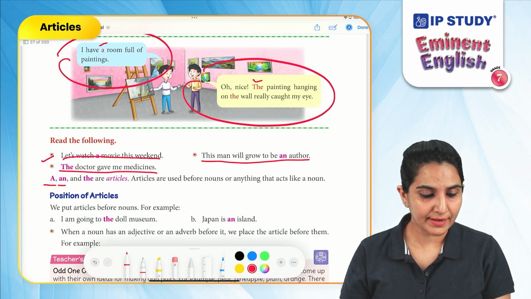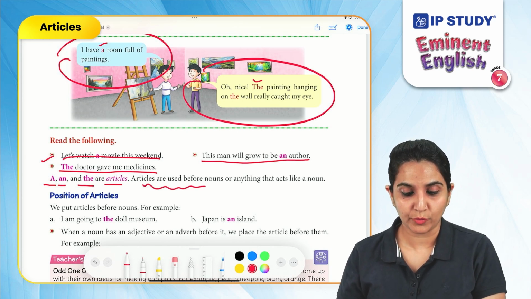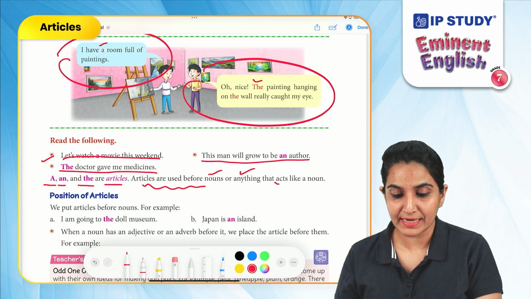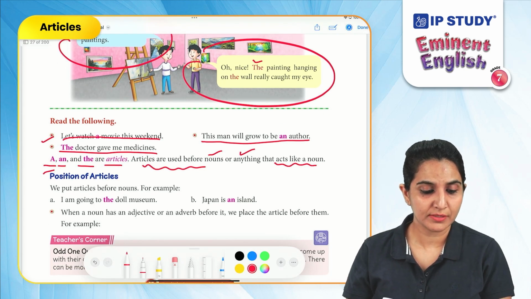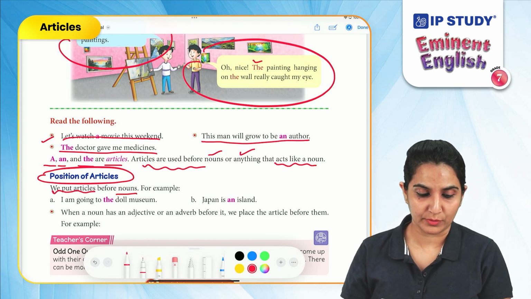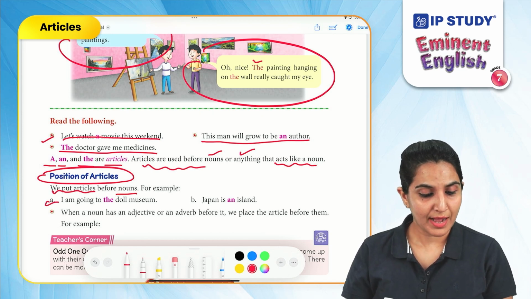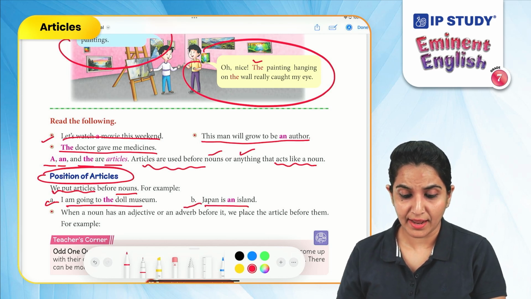A, an, and the are articles. Articles are used before nouns or anything that acts like a noun. Let us understand what is the position of articles. We put articles before nouns. For example, I am going to the doll museum. Japan is an island.